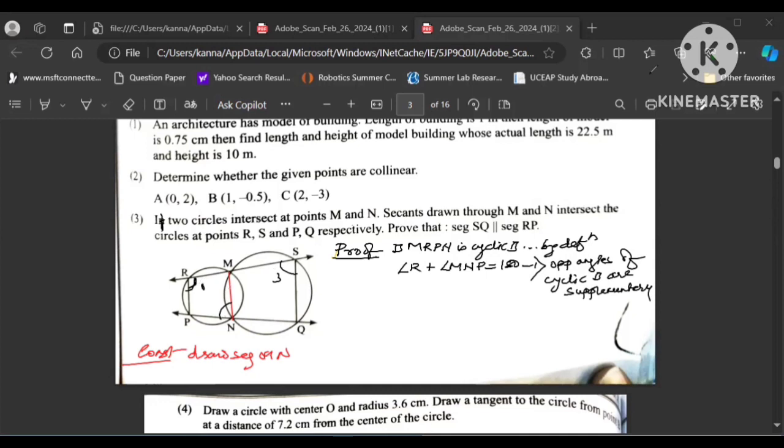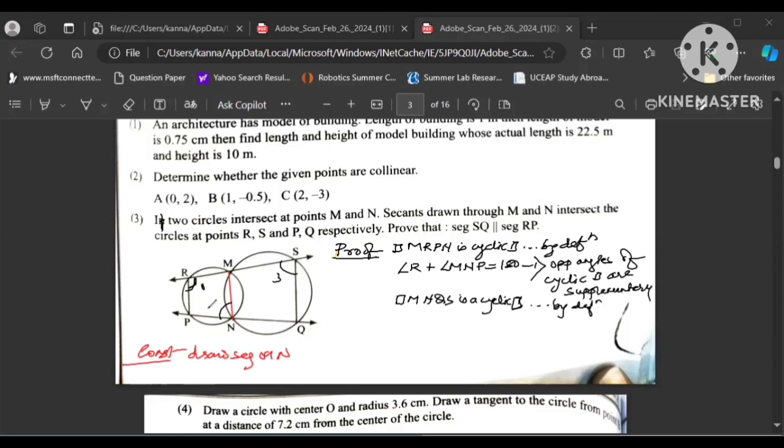I don't want angle MNP. So again, look at this quadrilateral, children. Don't you realize this quadrilateral MNQS is cyclic by definition, children. All the four vertices lie on the circle.